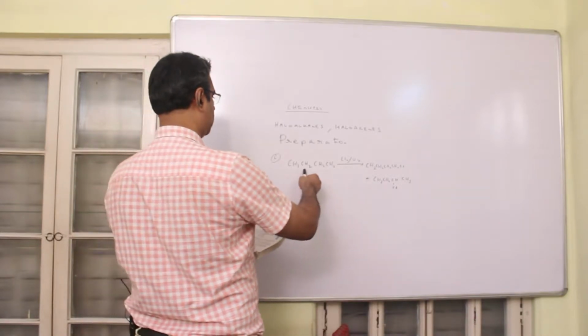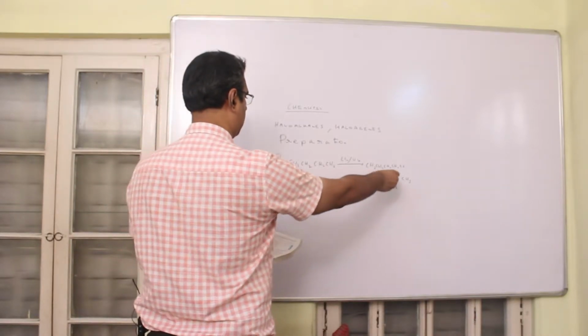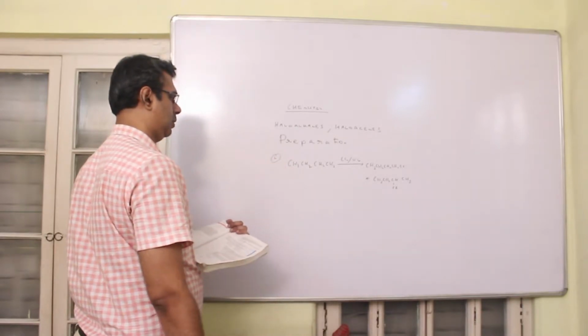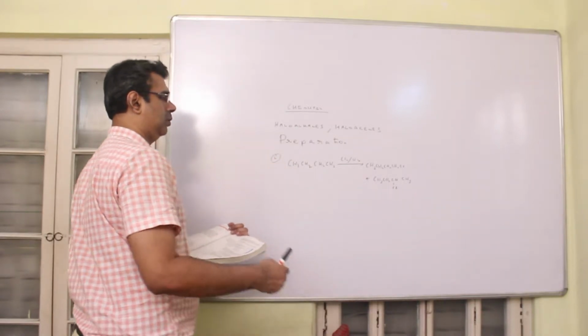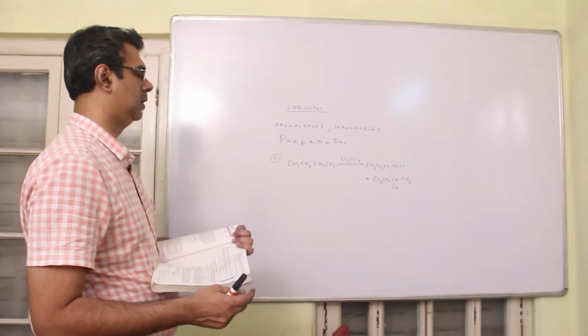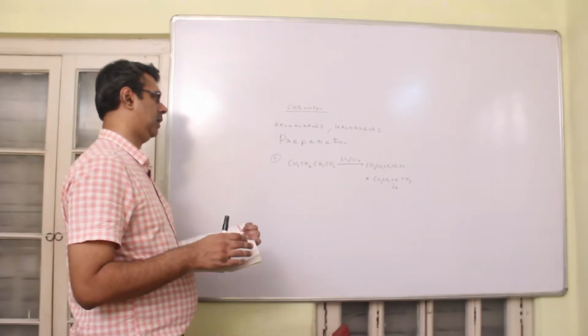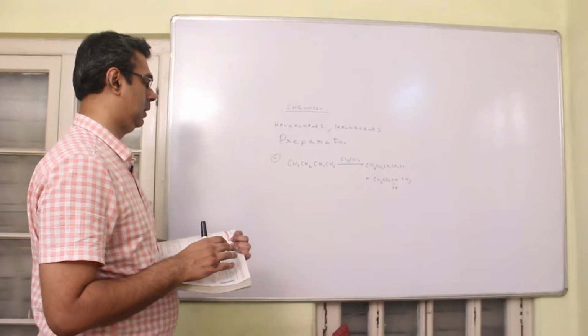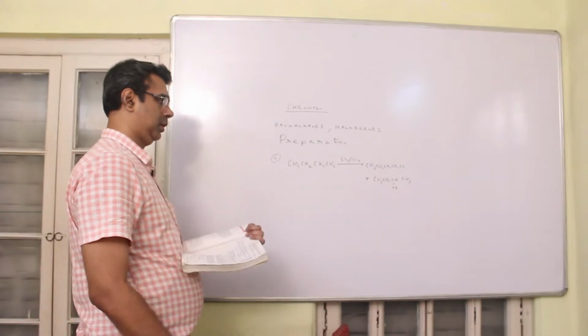So you can see that this is butane, and after halogenation you are getting two isomeric monohaloalkanes. You may also get polyhaloalkanes, and it's very difficult to separate them. So this method is there, but we do not use it.